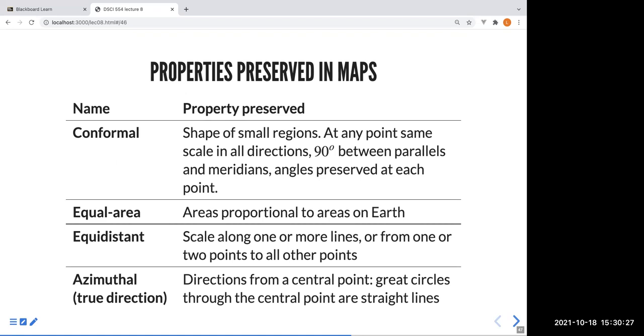So again, it's proportional to what you would observe in reality. And then azimuthal has to do with the angle. So there we're preserving the angle. So we're going to see what this means, that those are usually useful for navigation maps.